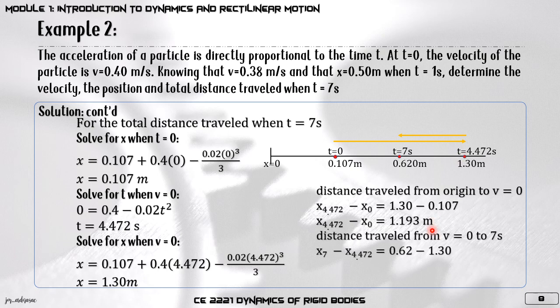And then, from stopping, going to 7 seconds, we compute for the distance traveled, so that will be 0.62 minus 1.3, which is negative 0.68. So do remember that for distances, we use the absolute value. So meaning the total distance is computed as the total absolute value of the displacement. So total distance is equal now to 1.193 plus 0.68, which is equal to 1.873 meters.